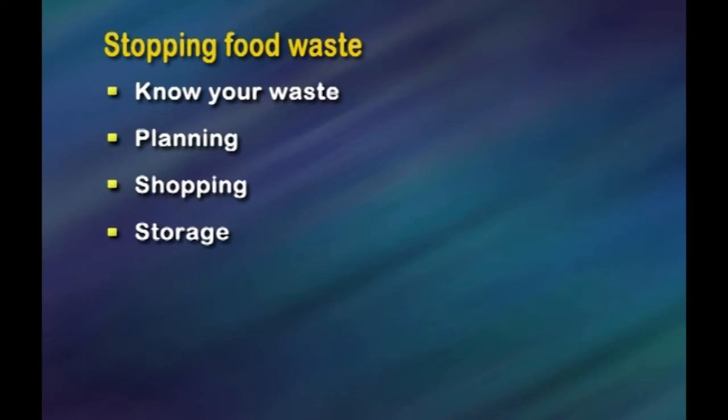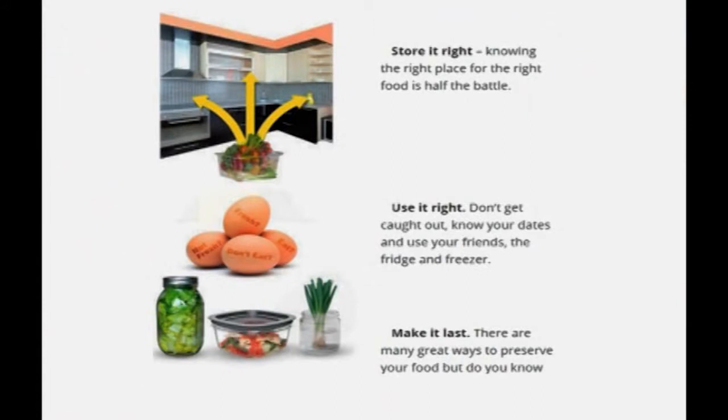The next step is storage. Make the most of what you have bought and give your food a good home. Under this, the first point is store it right. Knowing the right place for the right food means half the battle is solved. The next point is use it right. Don't get caught out. Know your dates and use your friends, the fridge and freezer.